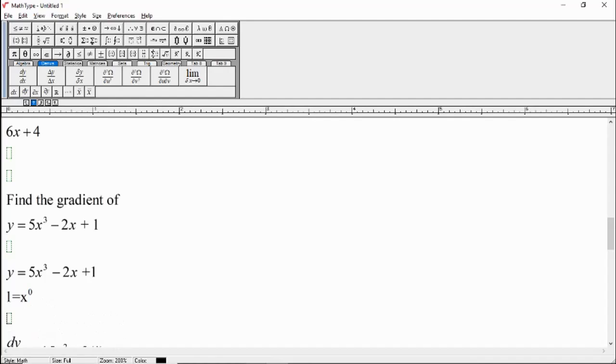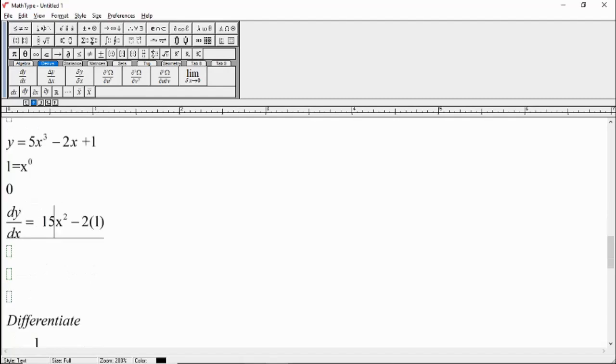Same process, let's say we're differentiating x to the power of 0. We multiply 0 by the power, so 0 multiplied by x, anything multiplied by 0 is 0. 0 minus 1 is minus 1, but again, it doesn't mean anything because in the end, anything multiplied by 0 becomes 0. That's why this 1 differentiated just becomes 0.